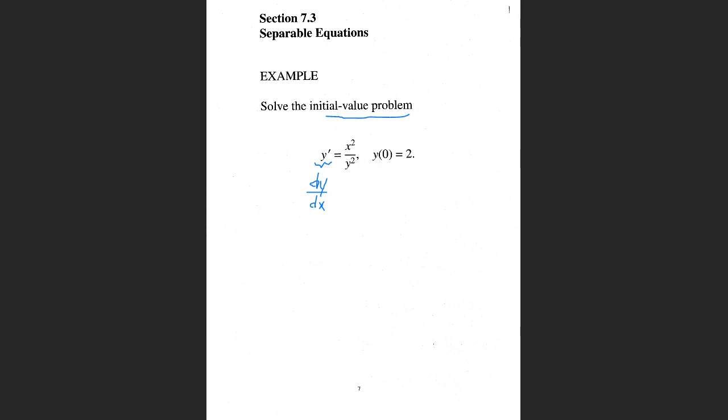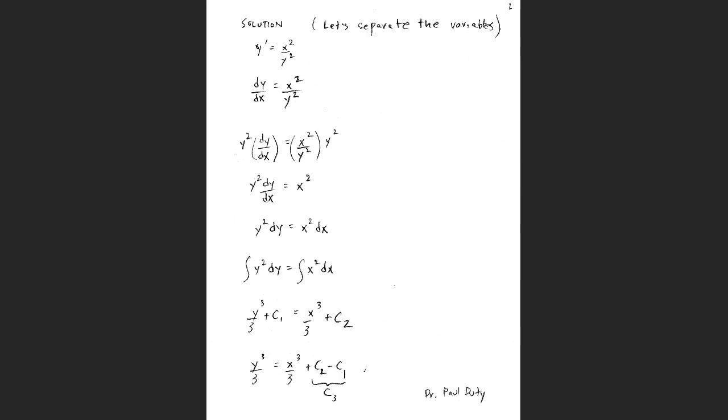So let's go ahead and look at how we would solve this. We're going to do a procedure called separating the variables. In this problem, the variables are x and y. X is the independent variable and y is the dependent variable. So I'm going to write y prime right away as dy dx.